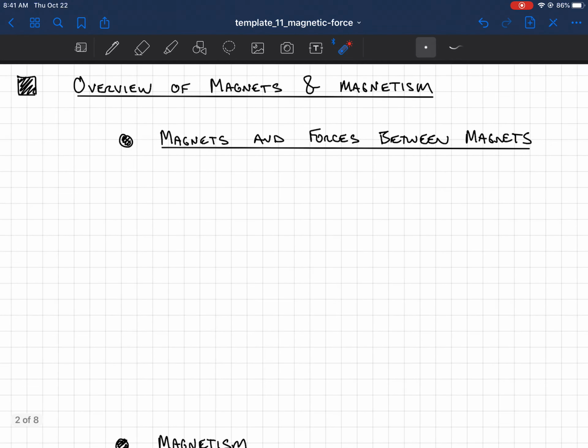So first a bit about magnets and magnetism. Magnets were found originally just as rocks on the Earth, and it turned out that these rocks were somehow attracted to each other. So you might have one rock and another rock, and you would find that this rock would be attracted to the other rock.